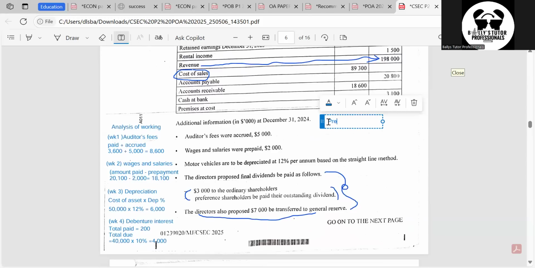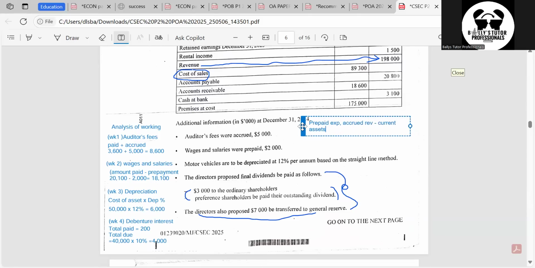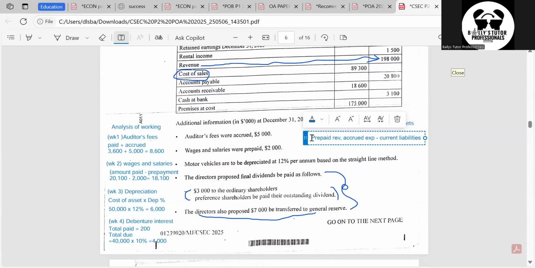So prepaid expenses and accrued revenue are current assets. All right? Prepaid revenue, sorry, and accrued expenses are current liabilities. So there's things to keep in mind.